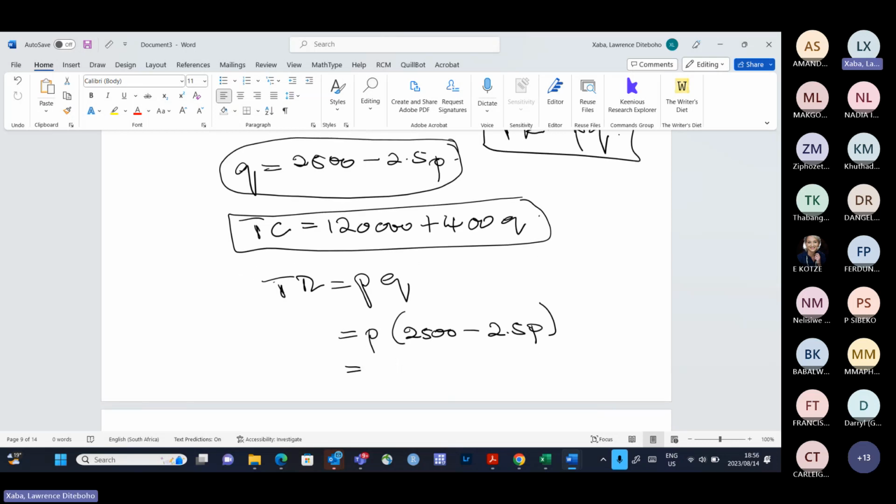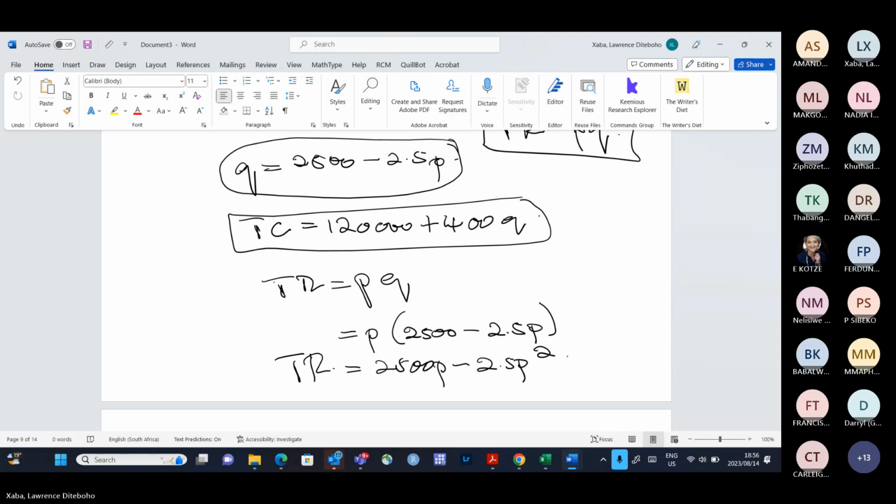Previously, the case was whereby we are given P but we are finding our quantity. But now it's different. Now we want our P. So here we multiply, and we end up having the function 2,500P minus 2.5P squared.